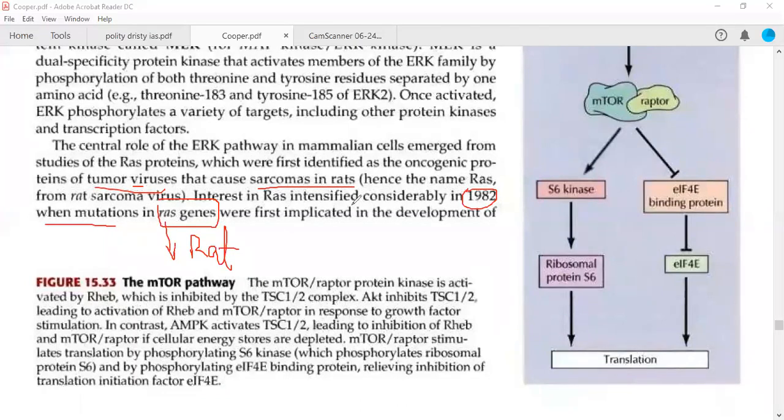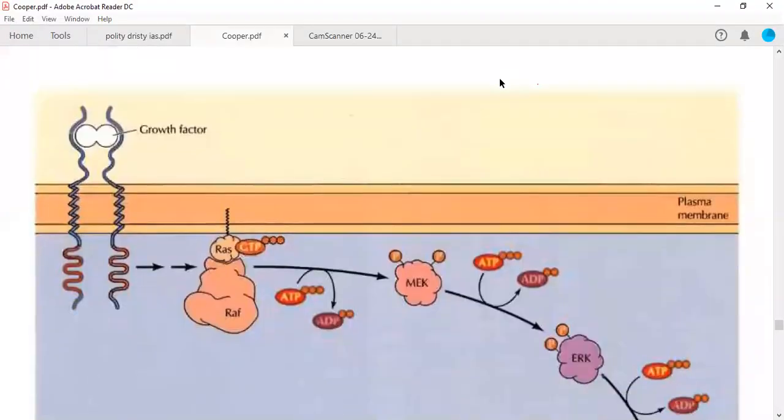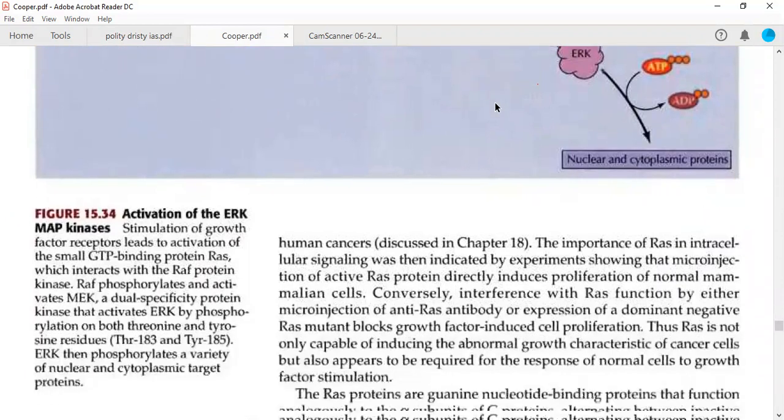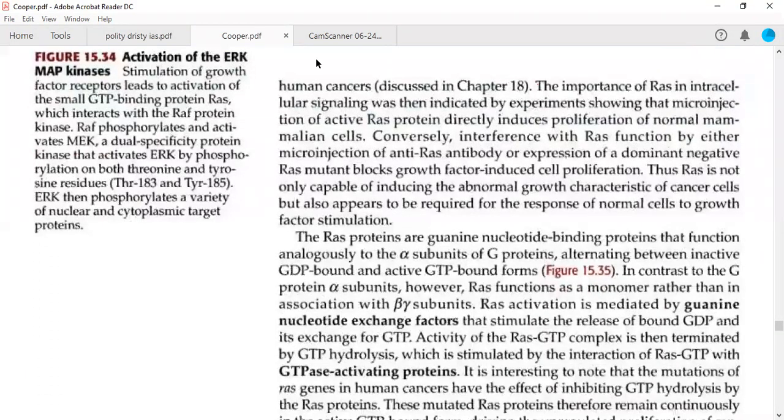Interest in RAS was intensified, meaning much research was done after 1982, because scientists saw that even a single mutation in this particular RAS gene, which was creating the sarcoma in rat, can be implicated in the development of cancer in humans. If something is causing cancer in rat and the same thing is creating cancers in humans also, that is something very interesting actually. So scientists started reading about this particular gene, which is called RAS.